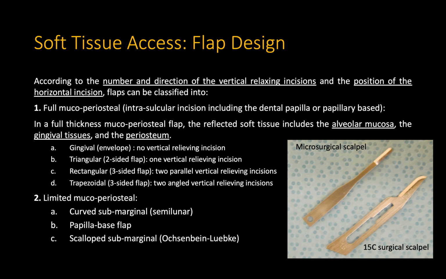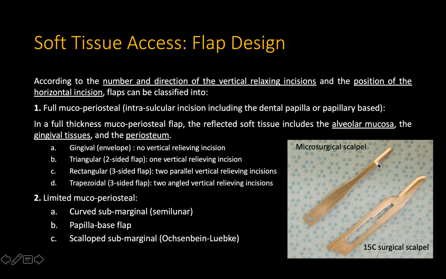Now, so we've administered the anesthesia, we've done our pre-surgical assessment. Now it's time to gain access to the diseased tissue, and this is done by reflecting a flap. Now, to make the incision, to make the flap, we need a 15C or a microblade.